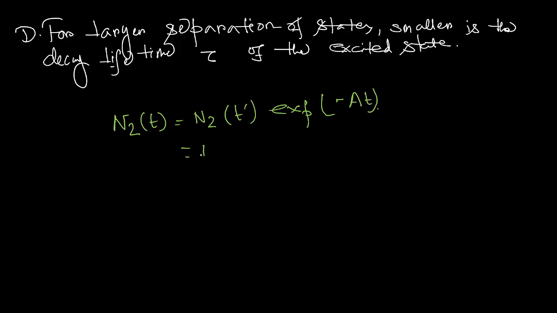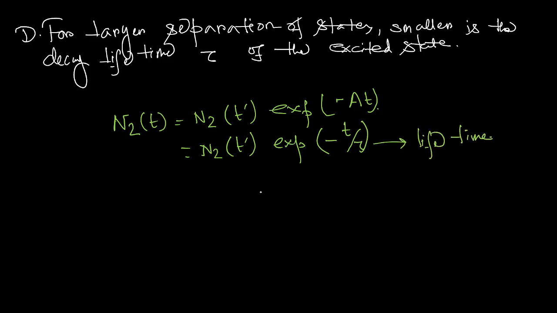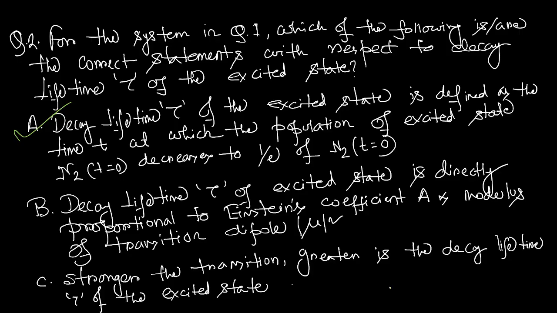Now if we write it like this, tau is your lifetime, therefore tau is 1 by A. So tau is not directly proportional, it will be inversely proportional. So this is an incorrect option.